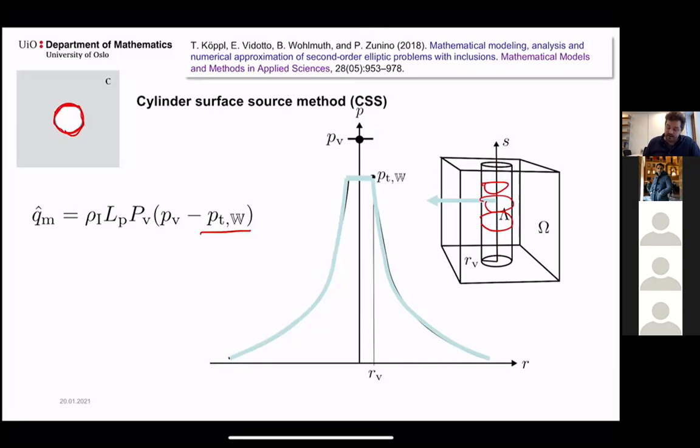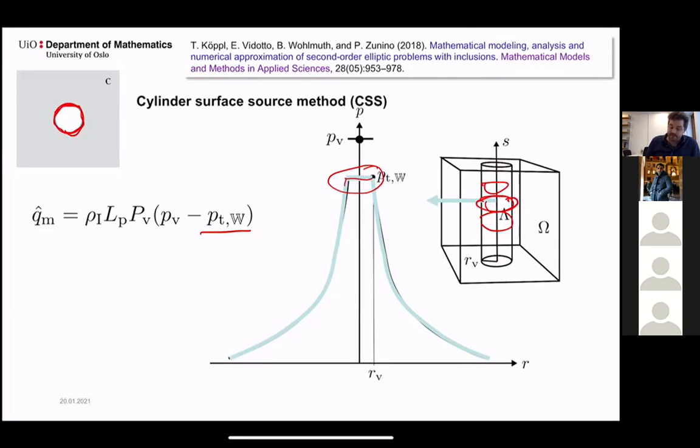And then you get, for the simple problem, an analytical solution like this, where you have this kink here in the pressure solution. And I mean, it doesn't go to infinity anymore, so that's nice, and you actually get some better numerical properties from this. But there's still this kink, and there's still the problem that in order to actually resolve your average, you need to go quite fine with the grid.